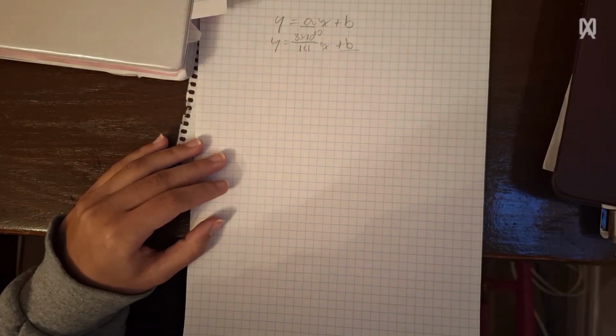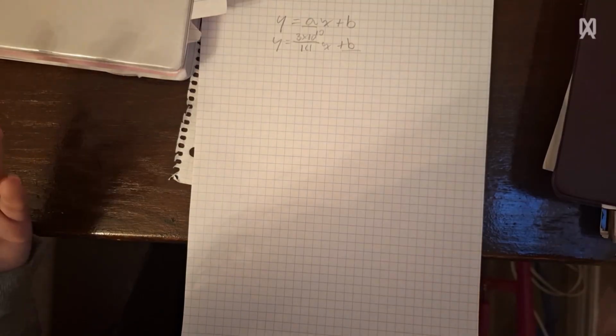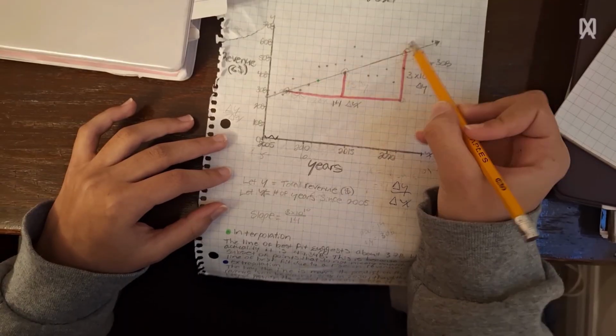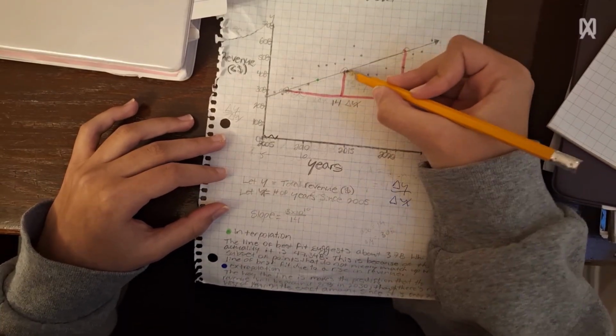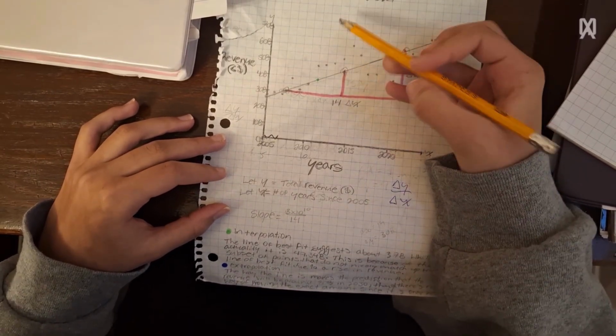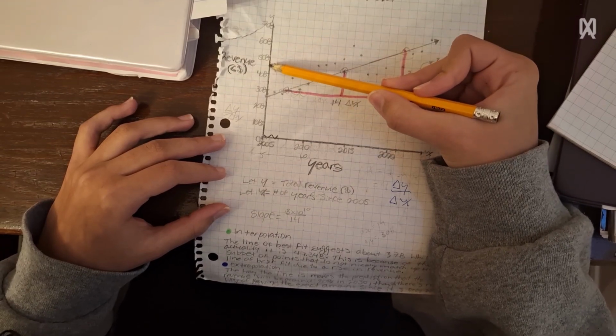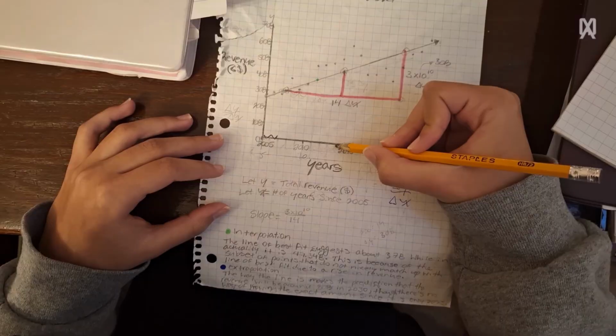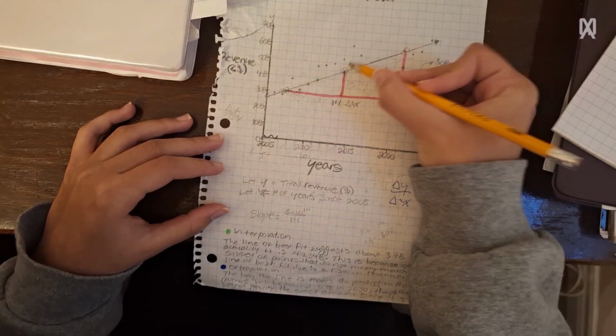To figure out b, we have to identify a y and x value. If we go back to our graph and find a good point on the line, I found this point right here. It has a y value of 45 billion and an x value of 2014.